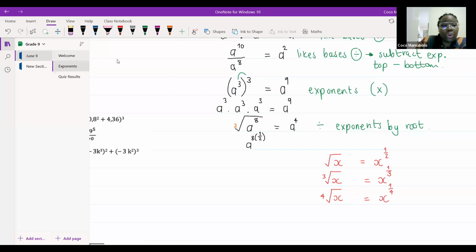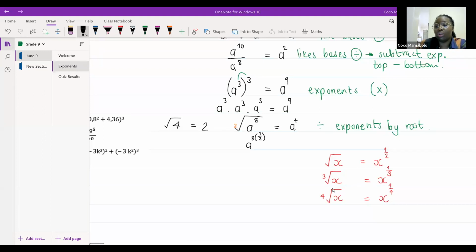Okay, so for Ari and Lutando, if I said to you, what is the square root of 4? Everybody can actually answer this question. What is the square root of 4? Not 4 squared, the square root of 4. Which number multiplied by itself twice will give us 4? It's 2, correct? So when we say we've got a tiny little 2 here, this is what we mean.